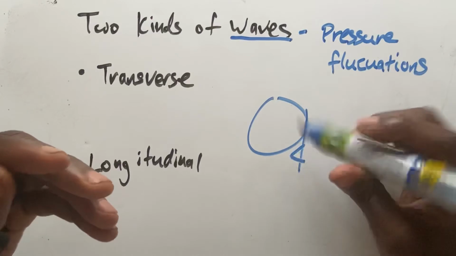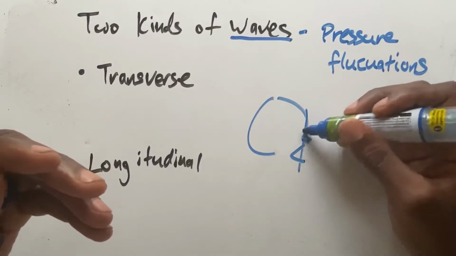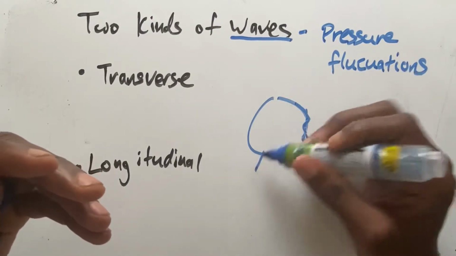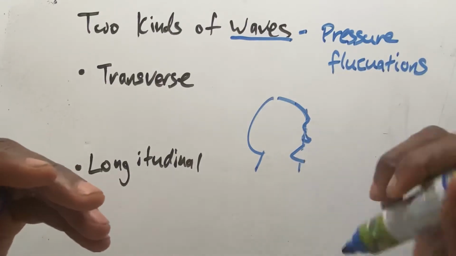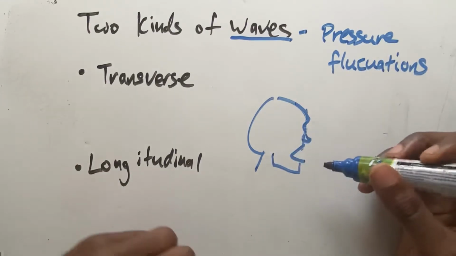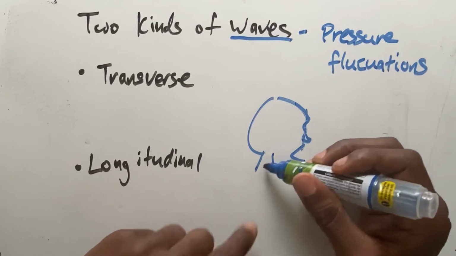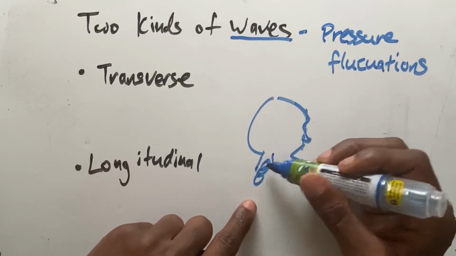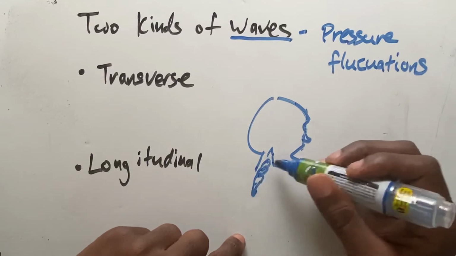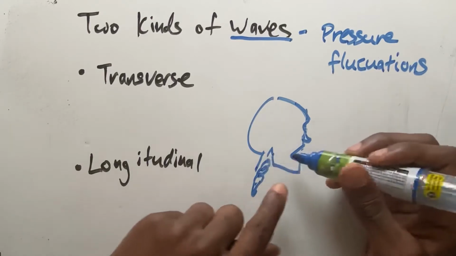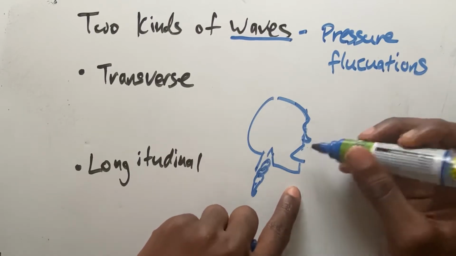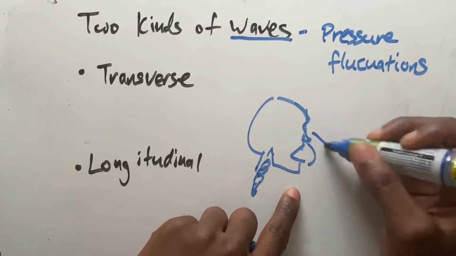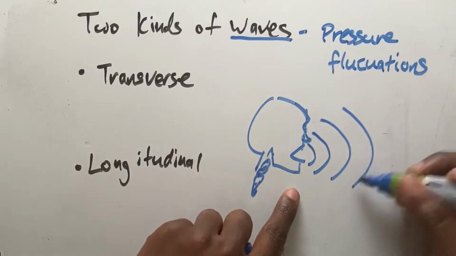So say you got a person here, and he's talking. So his vocal cords here are vibrating. It produces some sound out of his mouth, which produces some wave in the air. So we have some waves coming outwards like this.